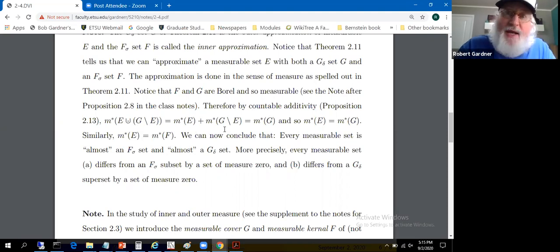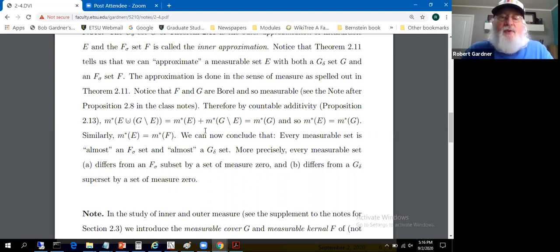Technically, we haven't defined measure yet, but Lebesgue measure is outer measure, just restricted to measurable sets. So it does definitely matter that E is measurable and G set minus E is also measurable. If I don't have measurable sets, I can't draw this very reasonable conclusion. That's why measurable sets are so desirable.